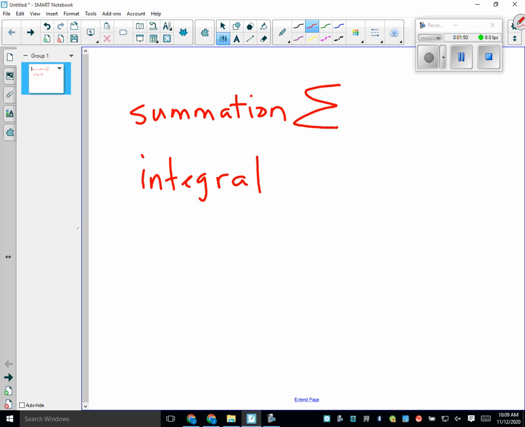An integral looks like this sign. That is the integral sign.